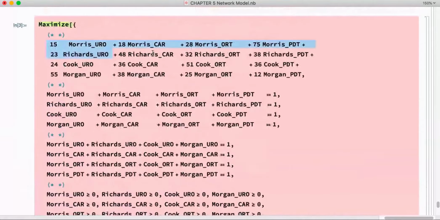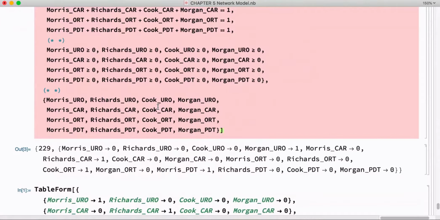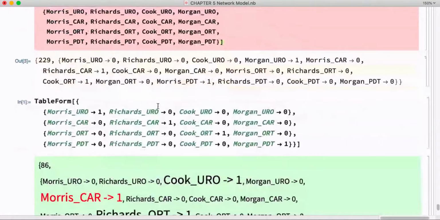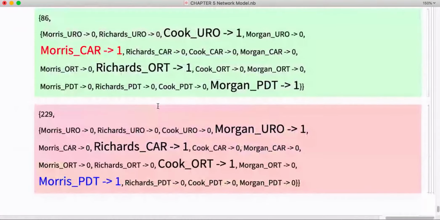Can you make any change here that you can be able to place Morris in urology? You cannot touch this data. This is objective information. Morris in urology is really good, but you solve it and you don't put Morris in urology, you put her in cardiology.